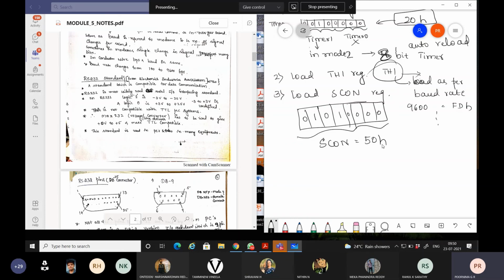With SCON 50H, it is mode 1 with frame width of 1 start bit and 1 stop bit, along with reception enabled.